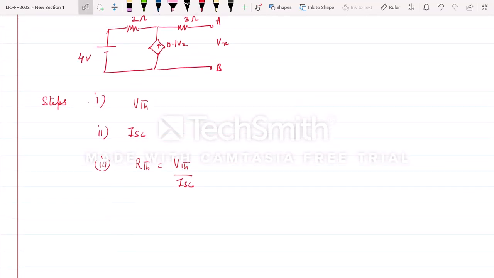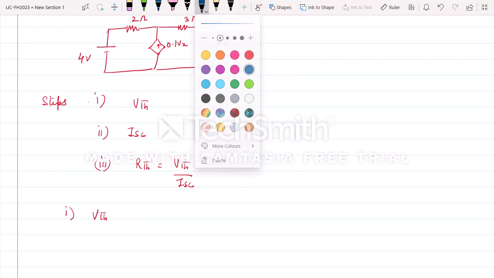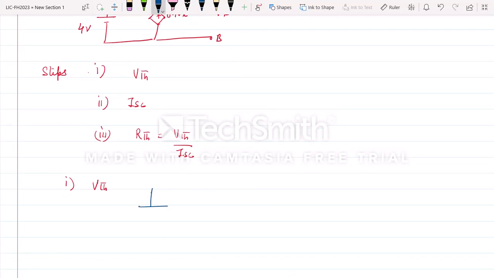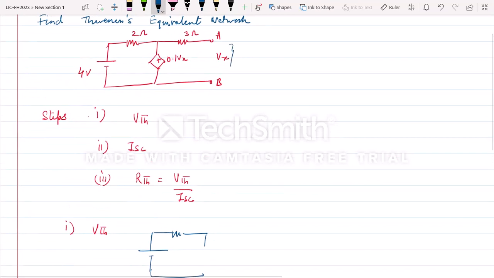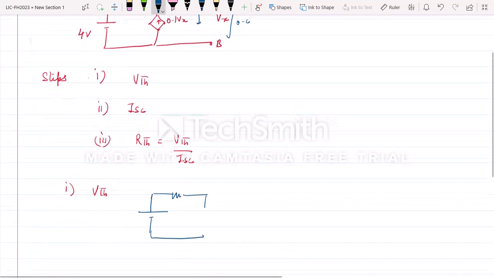For the first one, VTH, we have to open circuit AB and find the Thevenin voltage. When this is open circuit, this current is 0, and Vx is open.